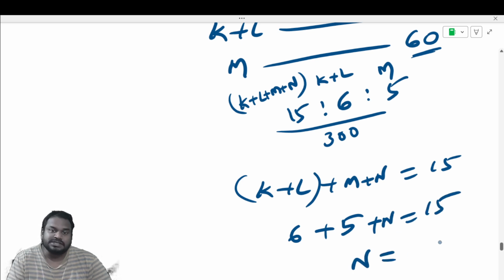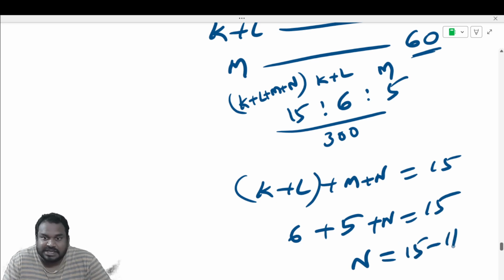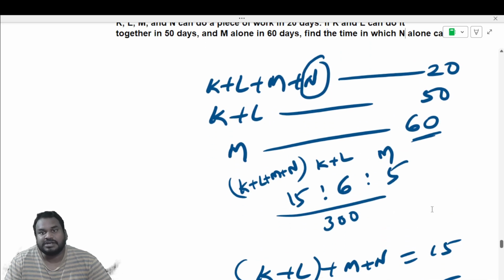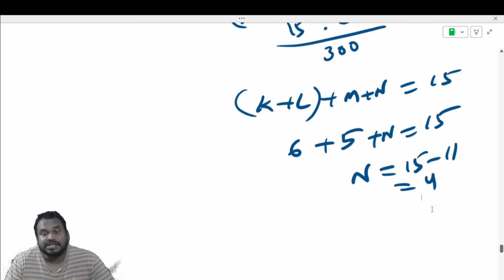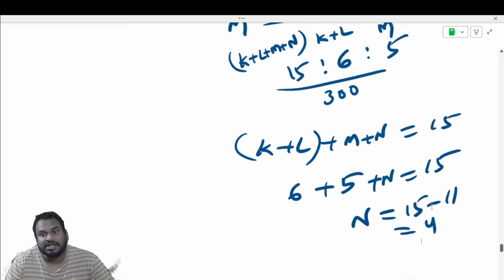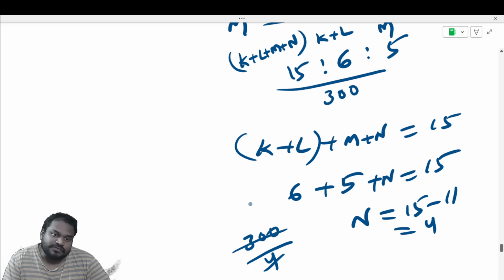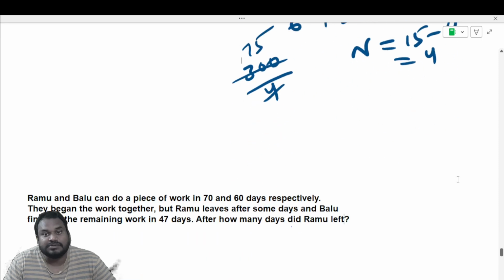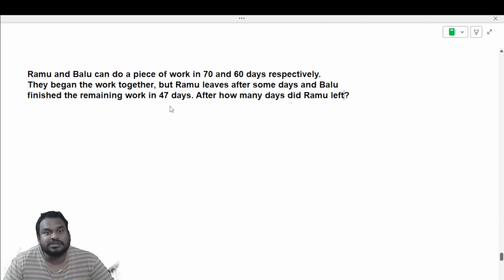So N is equal to 15 minus 11, which is 4. So 4 is the efficiency. Use that 4 to find the number of days taken by N: 300 by 4 is 75. The time taken by N to complete the work is 75 days.